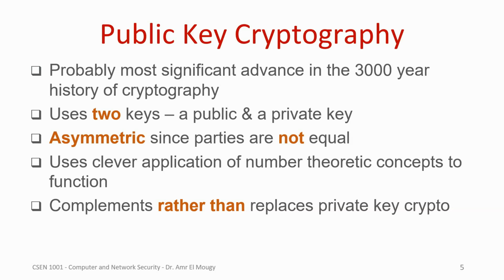Why is it called asymmetric encryption? Because if you encrypt with one key, you can only decrypt with the other key. If you encrypt with the public key, you can only decrypt with its pair key, which is the private key. So you encrypt and decrypt with different keys, which is why we call it asymmetric encryption or public key cryptography.